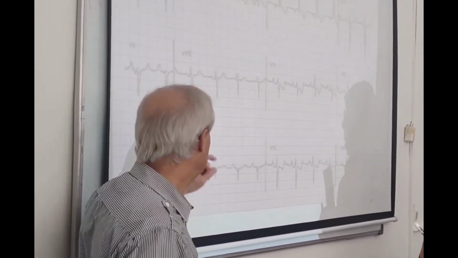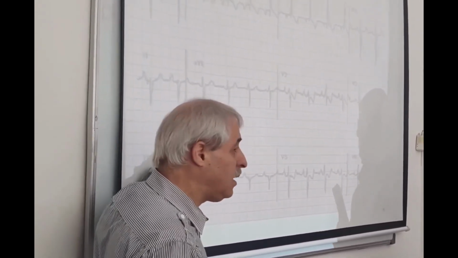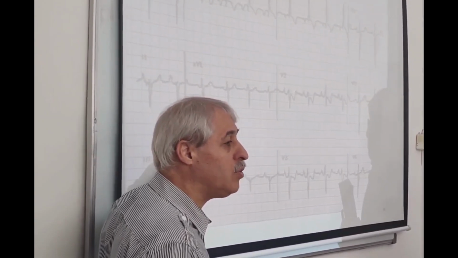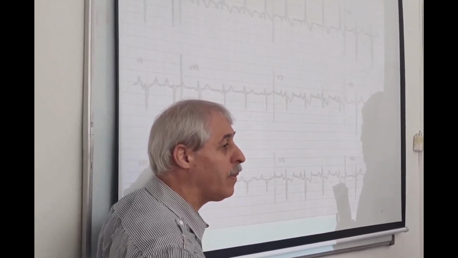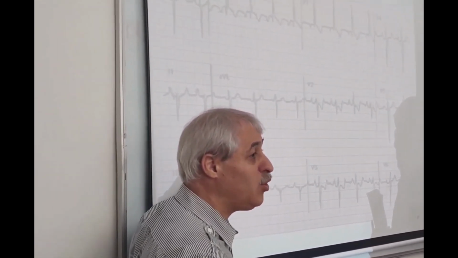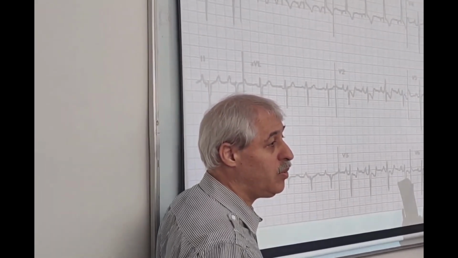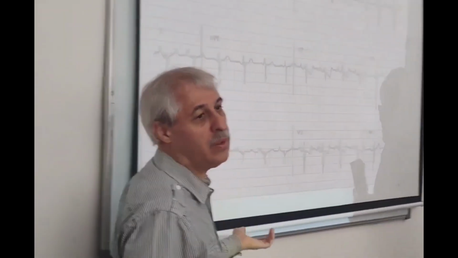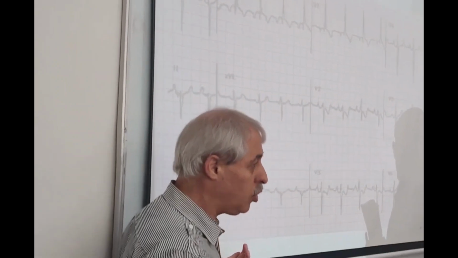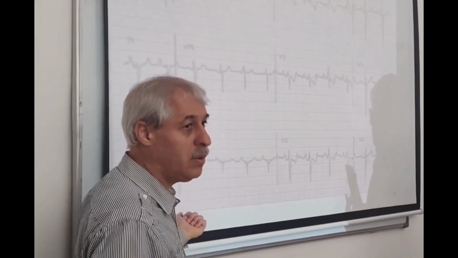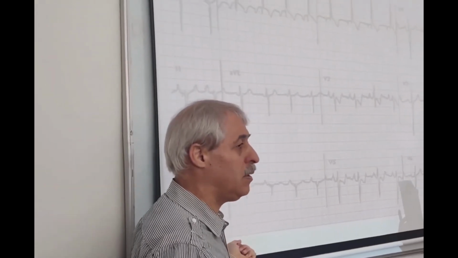So 60 over 0.6 equals 100. Am I right? Yes, equals 100. So this is the heart rate.